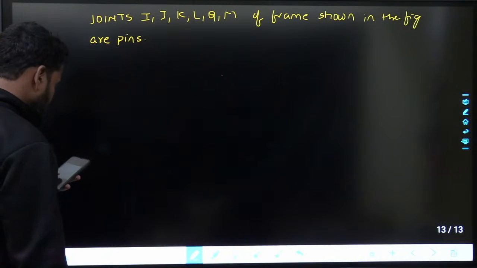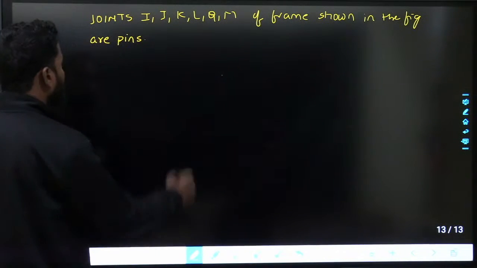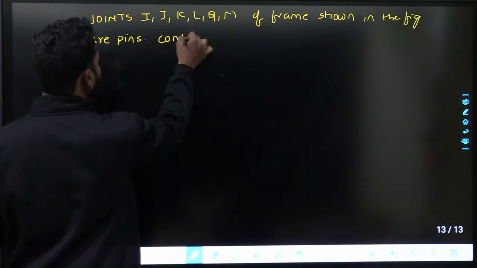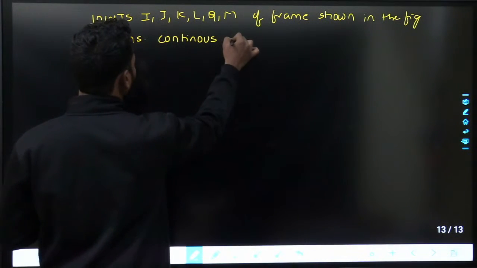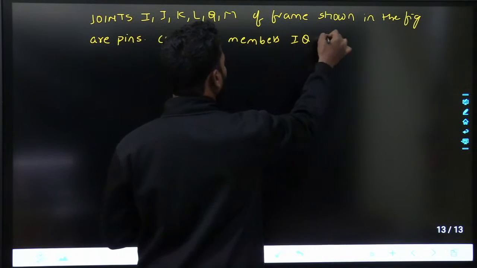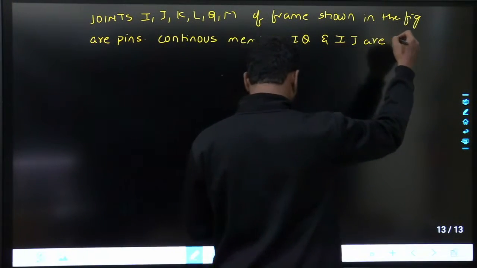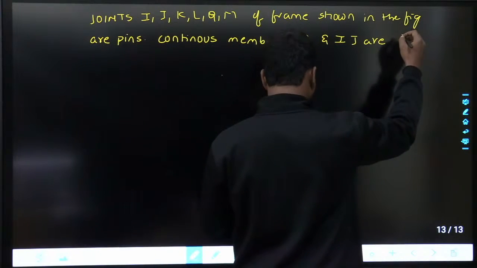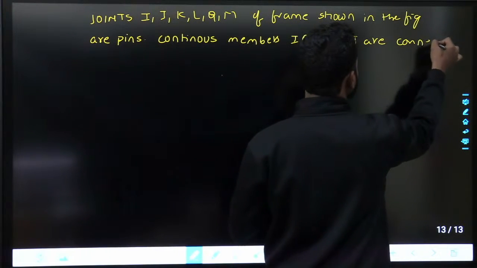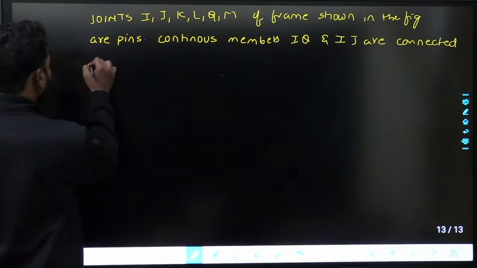Continuous members IQ and IJ are connected through a pin at N.